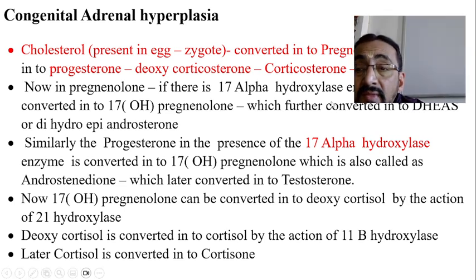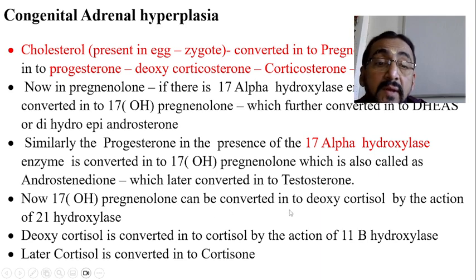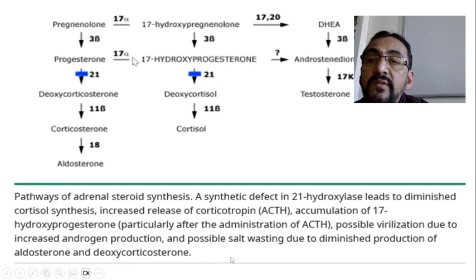Now 17-OH pregnenolone can be converted into deoxycortisol by the action of 21-hydroxylase. Deoxycortisol is converted into cortisol by the action of 11-beta hydroxylase, and later cortisol is converted into cortisone. Similarly, progesterone forms a substance called 17-hydroxyprogesterone.